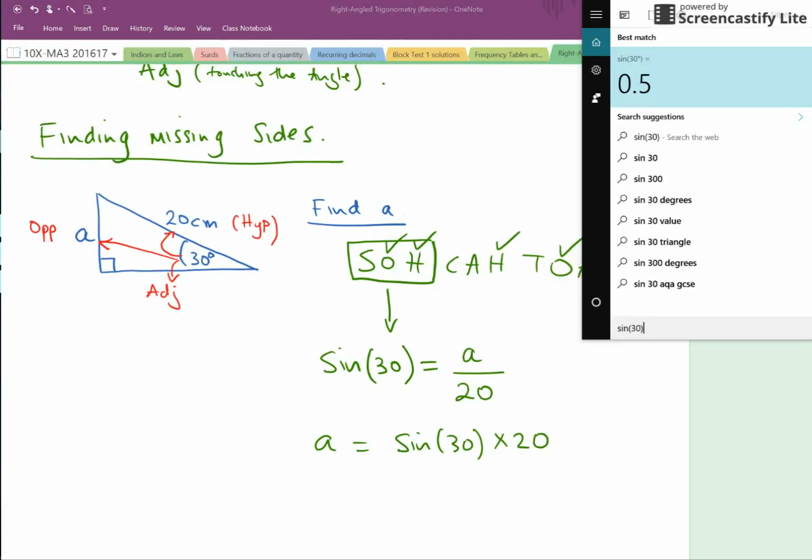Now, sine 30, as you'll see at the top of the screen there, is a half, and we'll come back to that later because that's important. So this is a half times 20. So if you do sine 30 on your calculators, 30 degrees, you will see that we always get a half. So a half times 20 is, of course, 10, and the units will be centimeters.